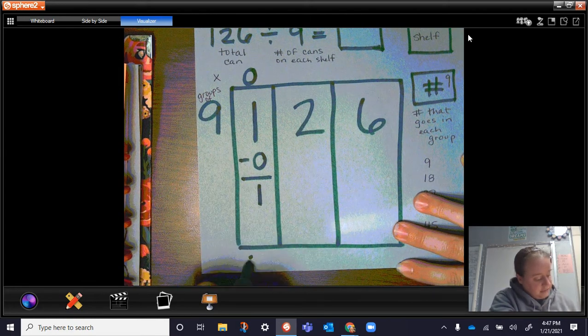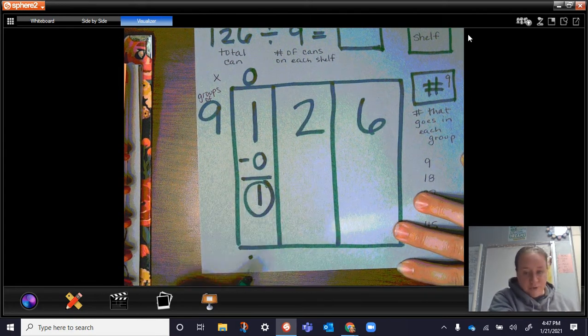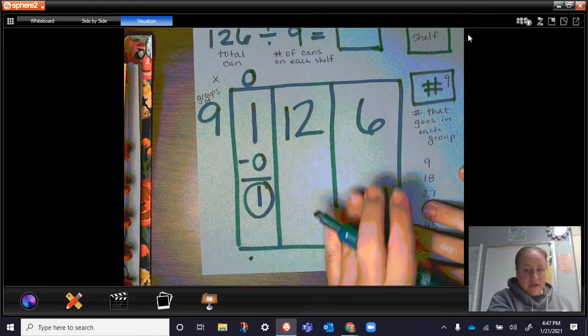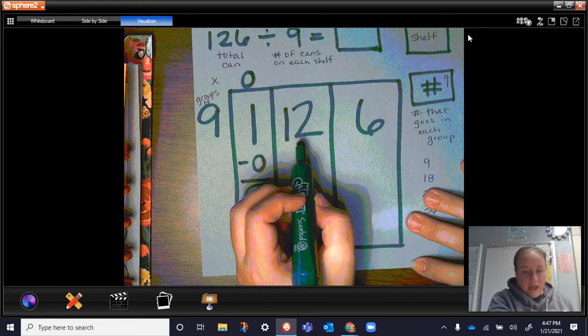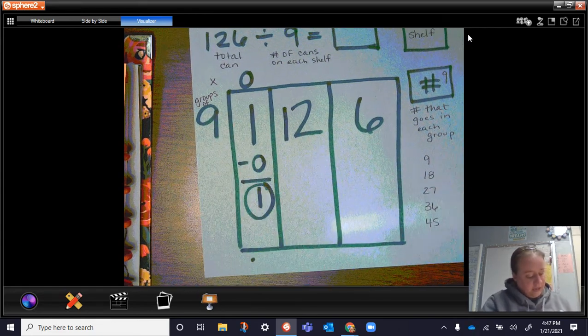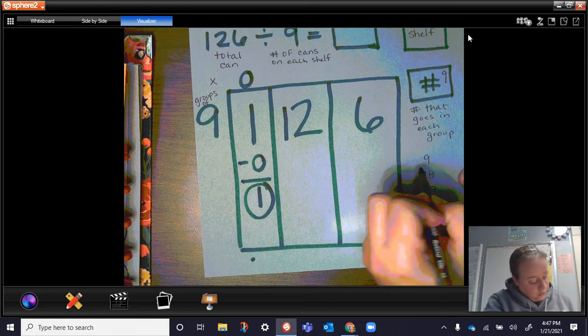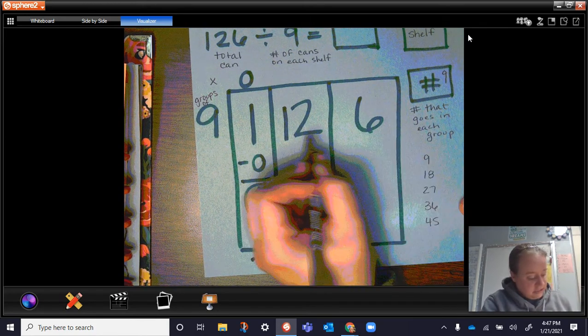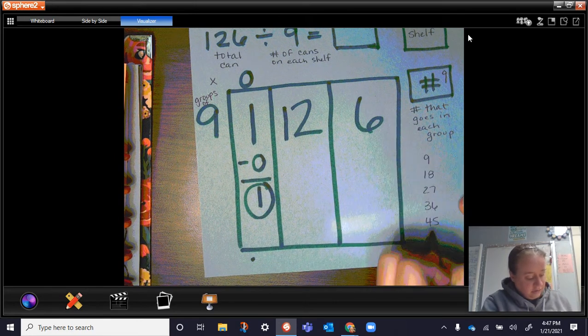Now, this 1 that I didn't make a group with, I'm going to regroup it and bring it over to my middle box. Now I'm going to ask myself, if I have 12, how many groups of 9 can I make? If I come over here to my groups, I don't want you writing, if it's more than 10, that's too many dots. Come over here to your list.